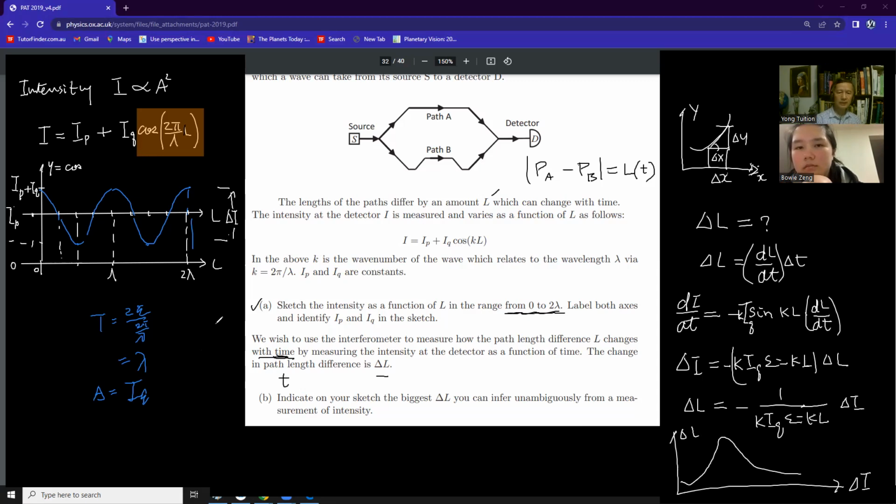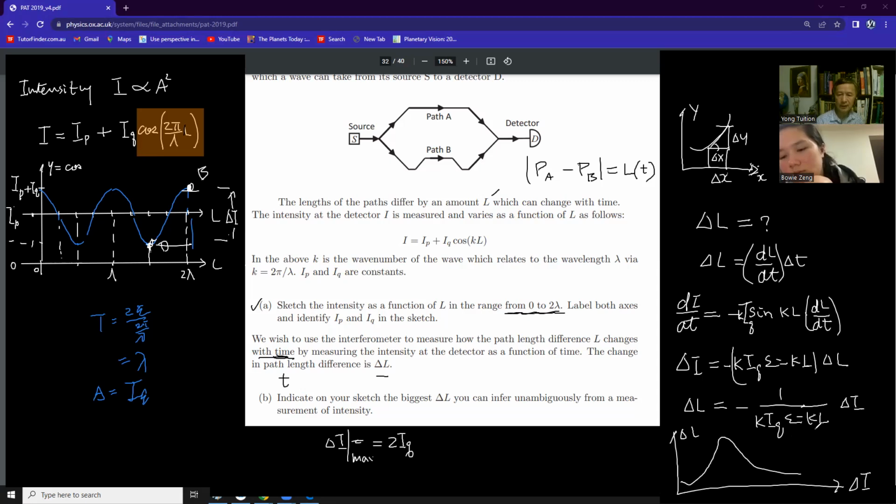This is dim, not dark, and this is brightest. The difference is between these two. So in terms of this experiment, the maximum is determined by 2 I_Q, you see?